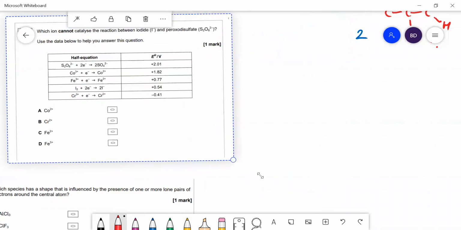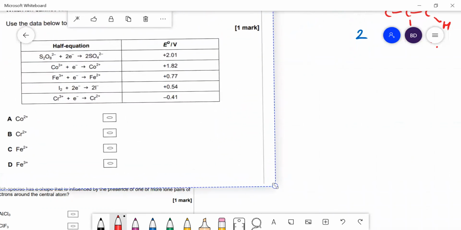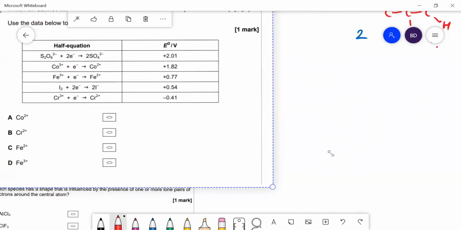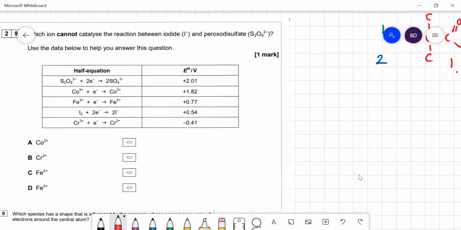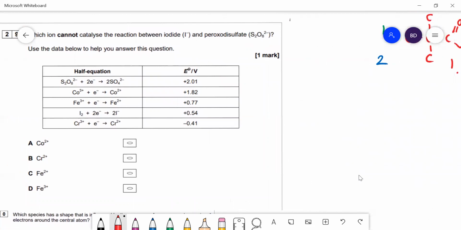Right, this is about homogeneous catalysts. We should be familiar with this reaction between the iodide and the peroxodisulfate ion. It's catalyzed by, actually we shouldn't know that it's catalyzed by Fe2+ and Fe3+.